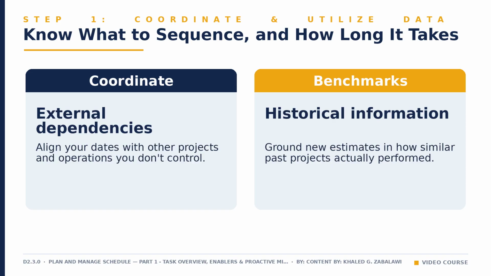Ignore that dependency, and your beautifully sequenced plan collides with a date you never controlled. Using benchmarks means pulling historical information from similar past projects, a technique known as analogous estimating, so your very first duration guesses are grounded in what actually happened before, not in optimism.